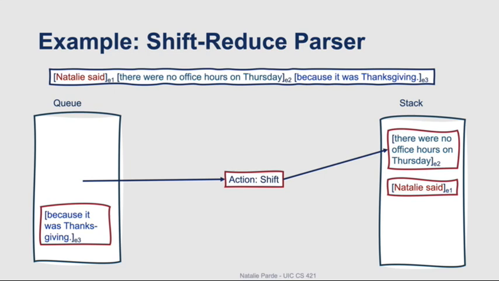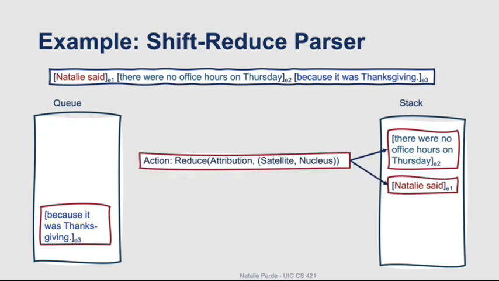Now we have 2 EDUs in the stack, so we're able to perform a reduce operation if we want to. We could also perform another shift operation, but we couldn't perform a pop operation because it's clear that we don't have our final tree yet. We'll select which action to perform next, and this might be done using rules or some sort of classifier.